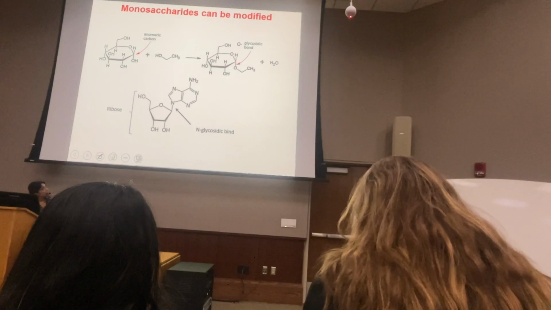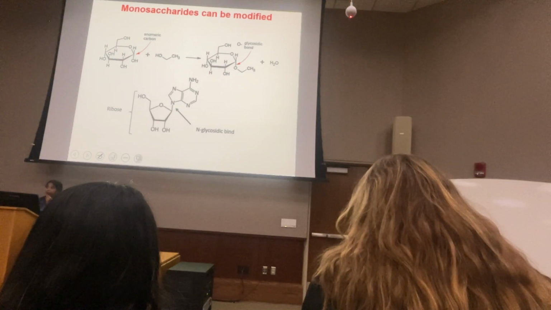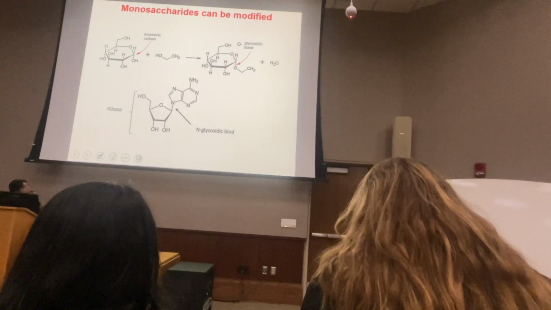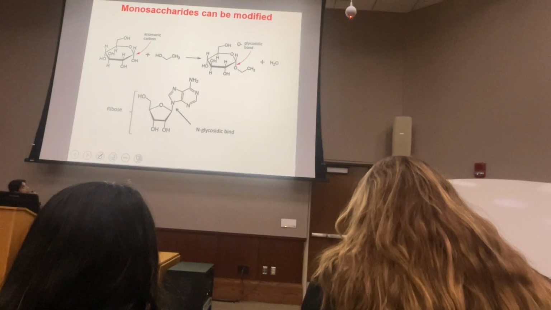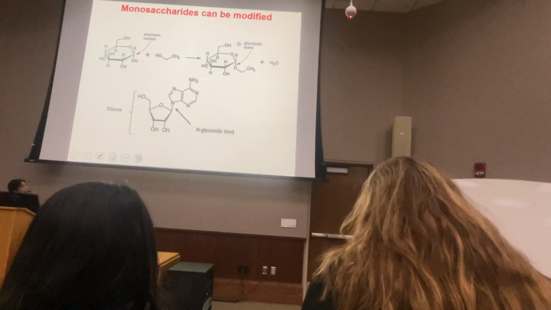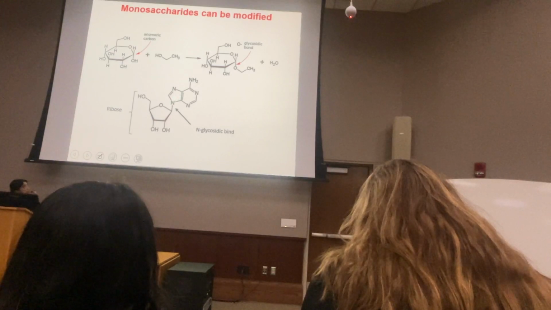We can also have an N-glycosidic bond. When will you see that? You'll see that later in the semester with a nucleotide, which has a ribose attached to the base.